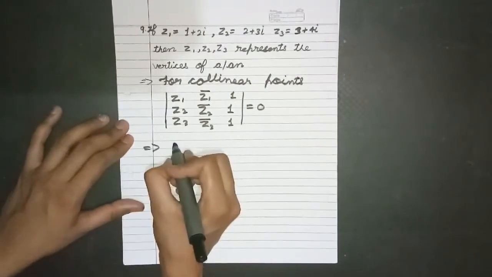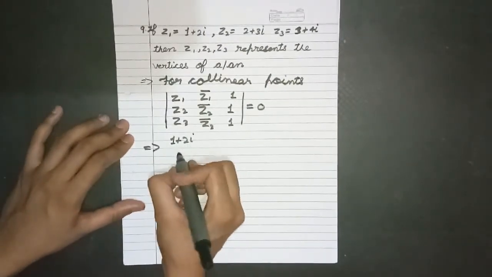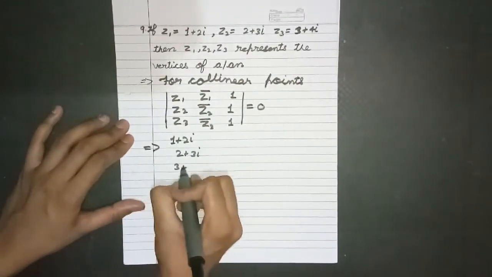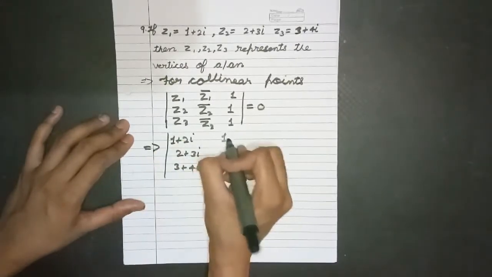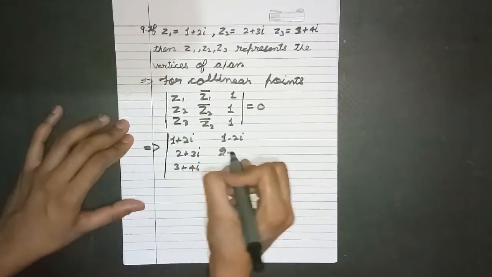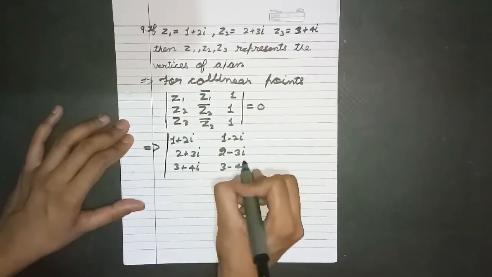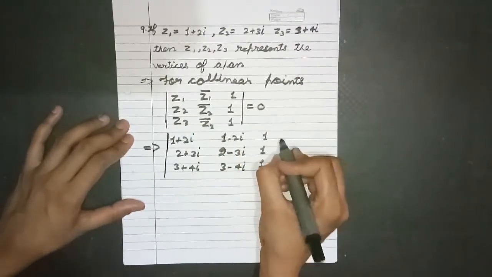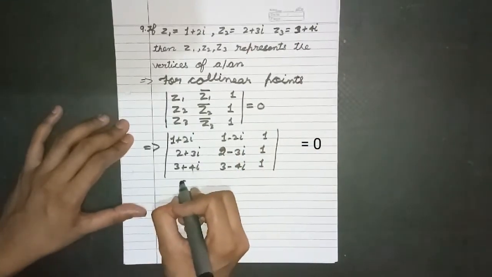So let's start: 1 plus 2 iota, 2 plus 3 iota, 3 plus 4 iota, and their conjugates 1 minus 2 iota, 2 minus 3 iota, 3 minus 4 iota, 1 1 1. This is equal to 0.